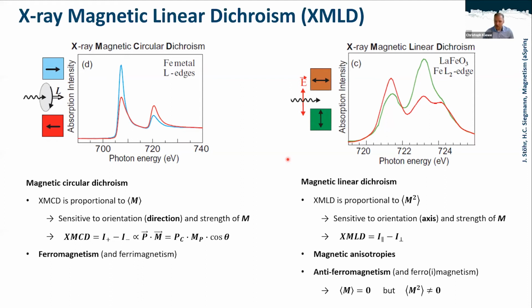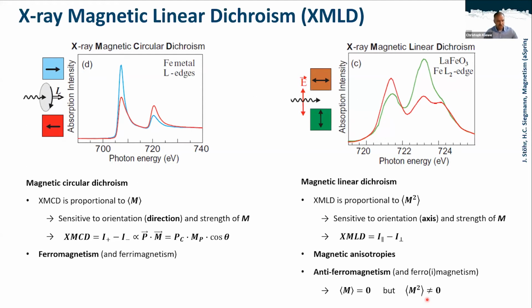That means that the XMLD is not sensitive to the direction, but is sensitive to the axis of the magnetic moments. That makes XMLD a really unique tool if we want to look at antiferromagnetic order. For example, in an antiferromagnet, the expectation value of M can be 0, but M squared doesn't have to be 0, or can be finite. So in this case, that makes XMLD very useful for these kinds of studies.